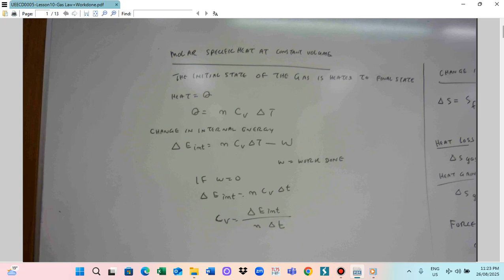So this is the initial state of the gas, which is heated to the final state.